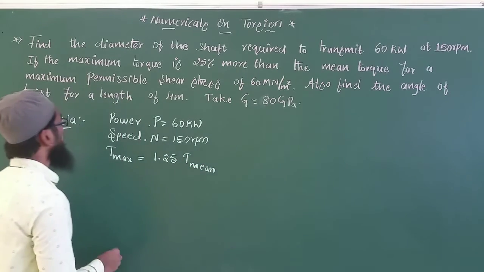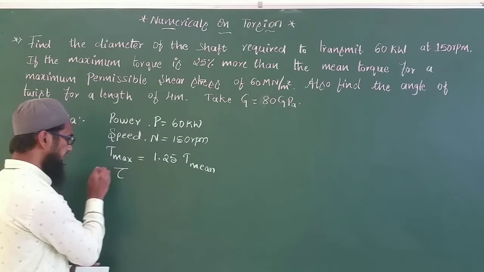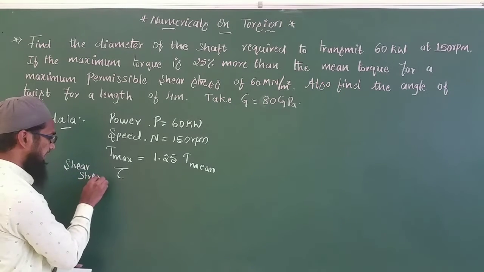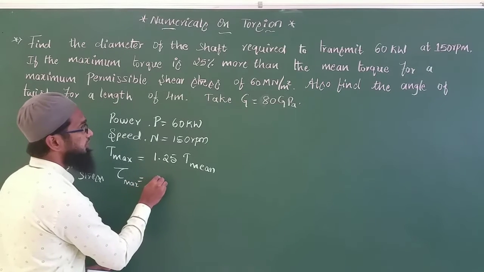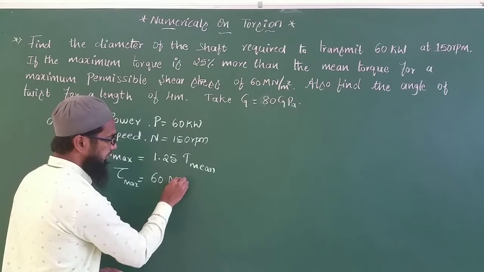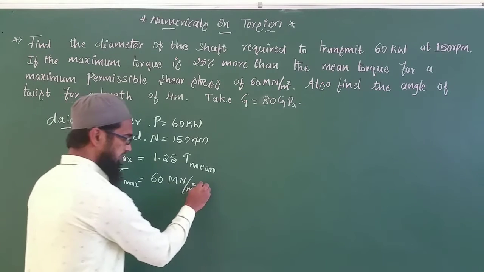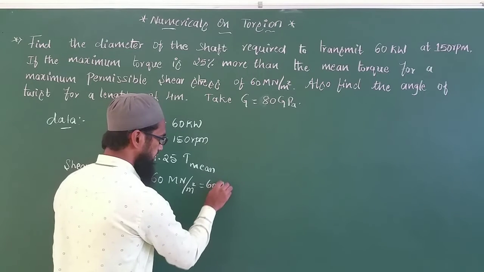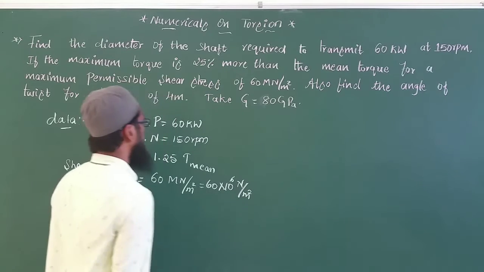Next, he has given the maximum permissible shear stress. I take the shear stress tau maximum equal to 60 meganewton per meter square. I will take it in terms of Newton per meter square, that is 60 into 10 power 6 Newton per meter square.